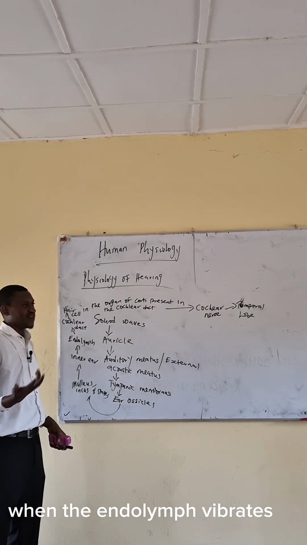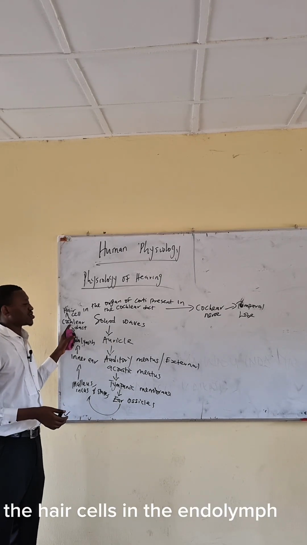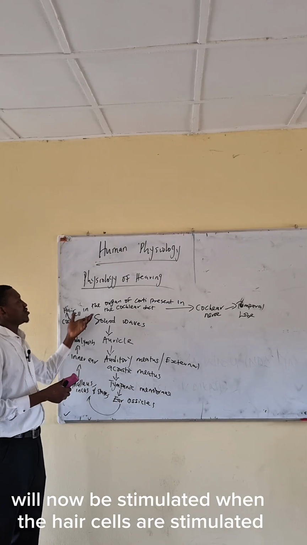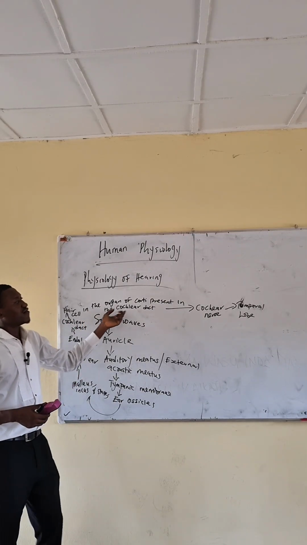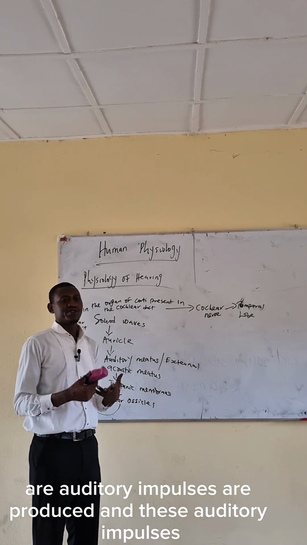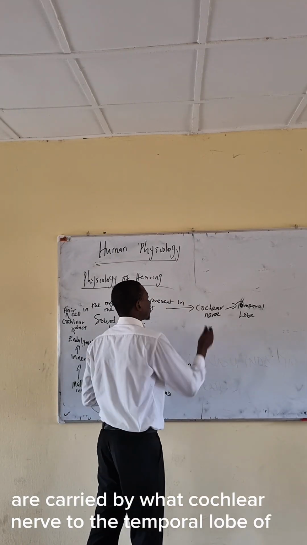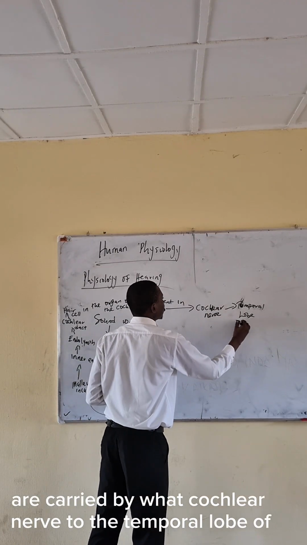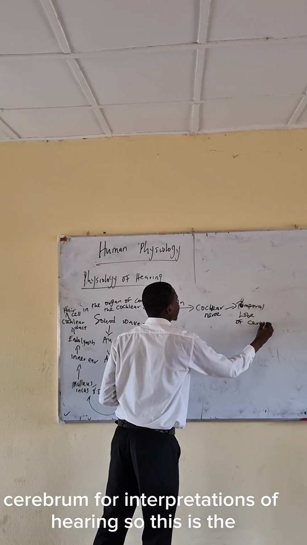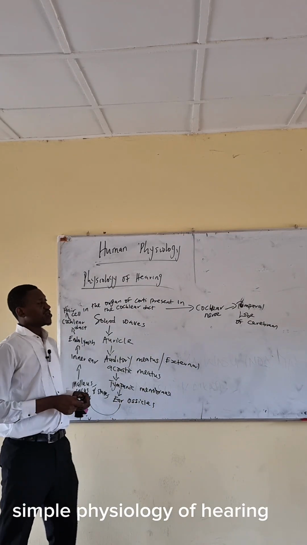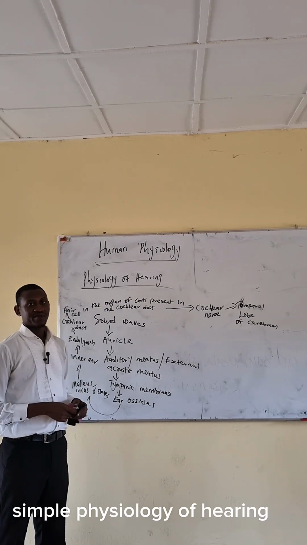When the endolymph vibrates, the hair cells in it are stimulated. When the hair cells are stimulated, auditory impulses are produced, and these auditory impulses are carried by what? The cochlear nerve to the temporal lobe of the cerebrum for interpretation of hearing. So this is the simple physiology of hearing.